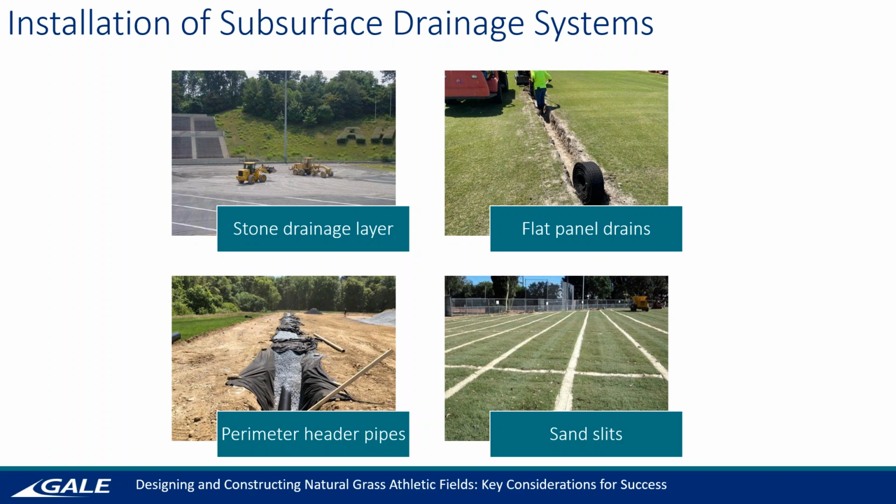You can install flat panel drainage, which is the top right. These are drains that go in shallow in a herringbone pattern throughout the field, depending on what your soil conditions are and how fast they drain. They're spaced usually, I would say, 15 feet on center. On average, they're about 20 feet on center for natural grass, but they can get spread out to 30 feet on center if you have good material there.